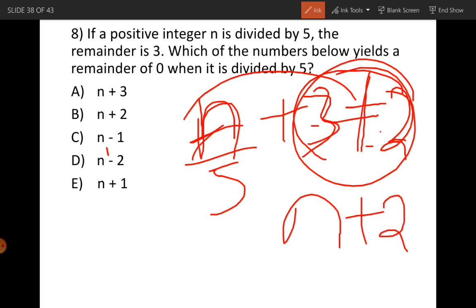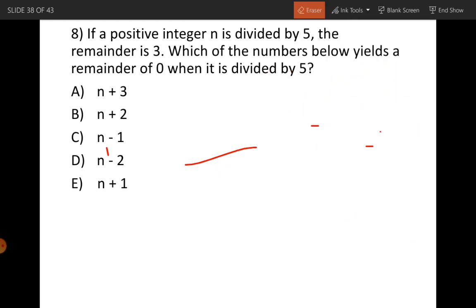I think you understood this one. We will take this number as x. I will explain once again. First, we consider this number n divided by 5, and here the remainder is 3. So this contains a number x.